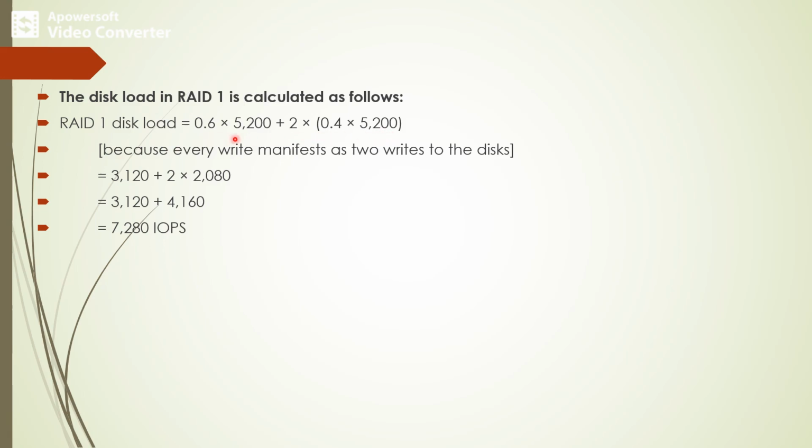So 0.6 into 5200 plus 2 into 0.4 into 5200, because the write penalty with respect to RAID 1 is 2. So we get 0.6 into 5200 as 3120 plus 2 into 2080, and the total number of IOPS is 7280 IOPS with respect to RAID 1.